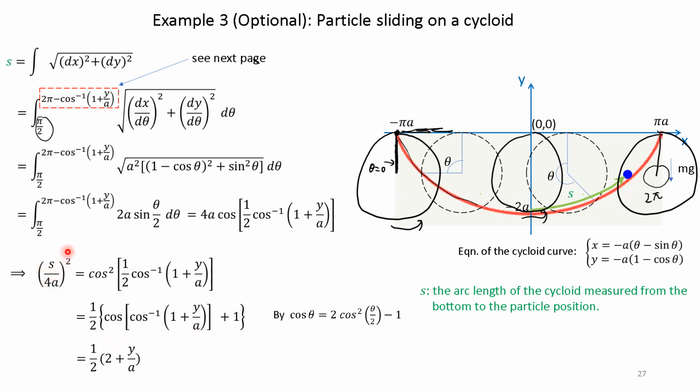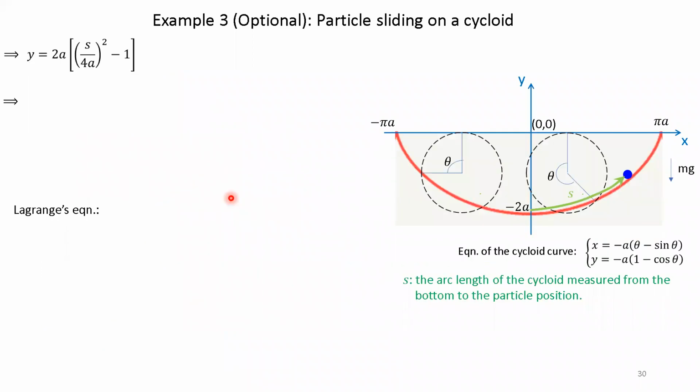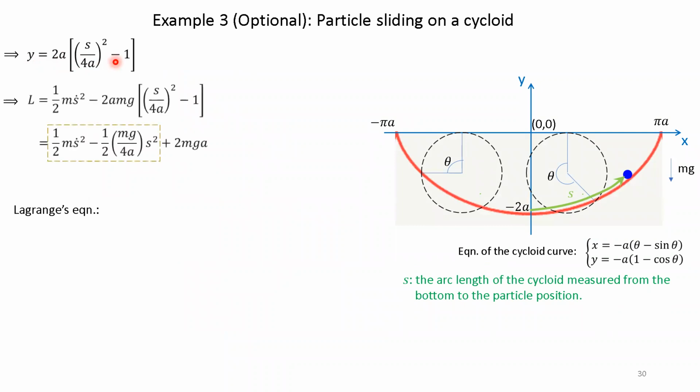S divided by 4a squared equals one half of 2 plus y divided by 8. Then this is the difficult part, just carrying out this integral. But after that, we will be able to express y in terms of s, and that's exactly what we want. Then I can write my Lagrangian in terms of just s and s dot. So that's very nice.